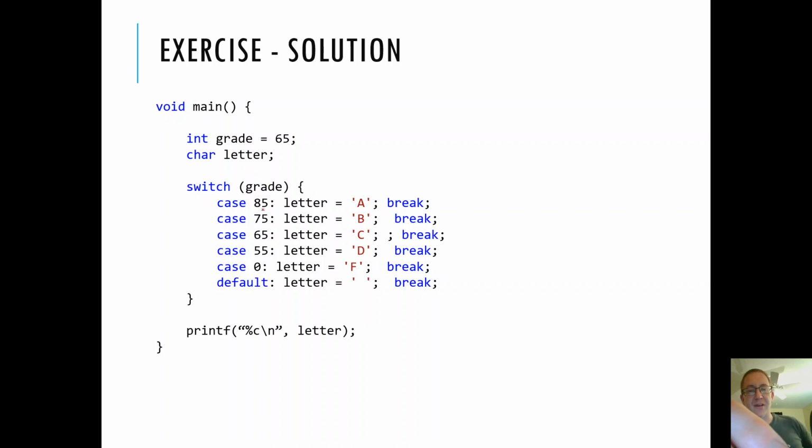If the value for the grade was 75, then it's going to be B, then C, D, F. And if you give me anything other than the expected values, I could have a blank, right? The letter grade could be a question mark. You can play with it. Depending on how the problem is described to you, it would have a different implementation.